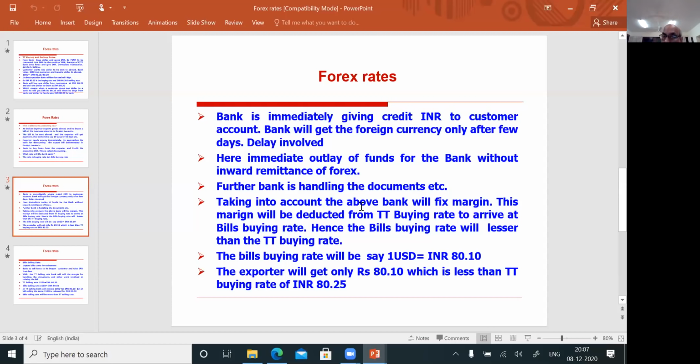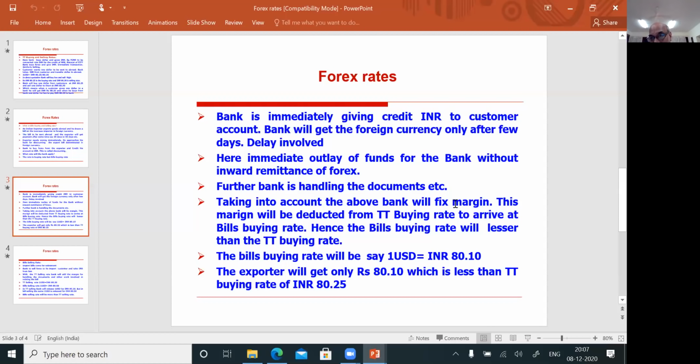So taking this into account, the bank fixes a margin. Suppose TT buying is 80.20. If the bank's margin is 0.10, then it will fix the bills buying rate at 80.10.